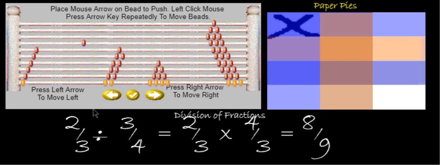We are usually given the rule for solving a division of fractions problem such as 2/3 divided by 3/4 by following the rule of flipping the second fraction, thereby 3/4 becoming 4/3, and multiplying.